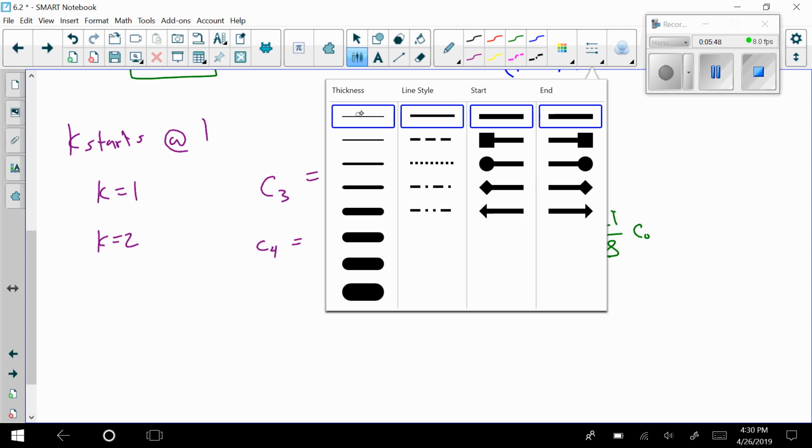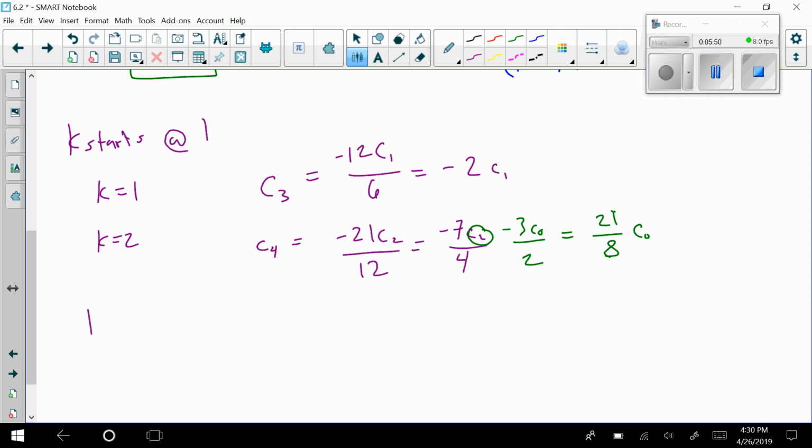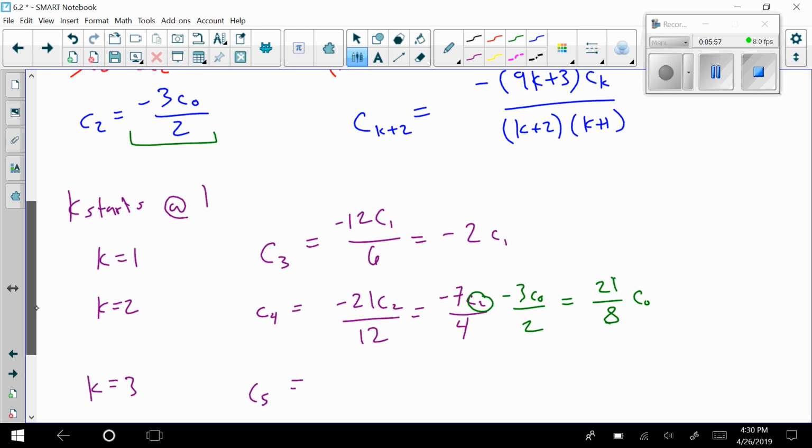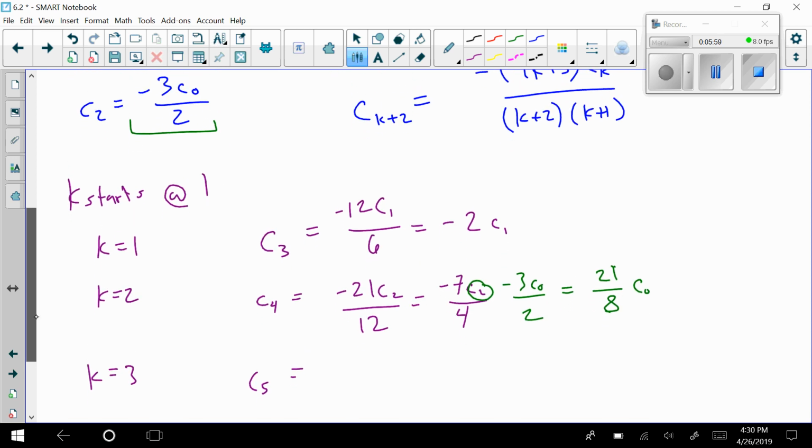I don't really see a pattern yet. K equals 3, then I have c sub 5 here. Take a mental snapshot here.